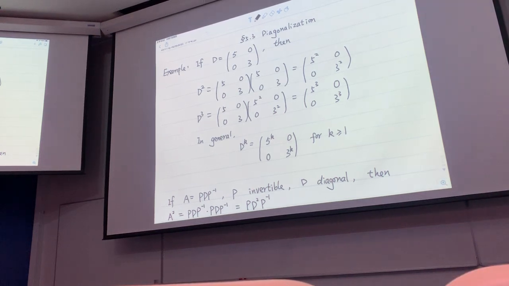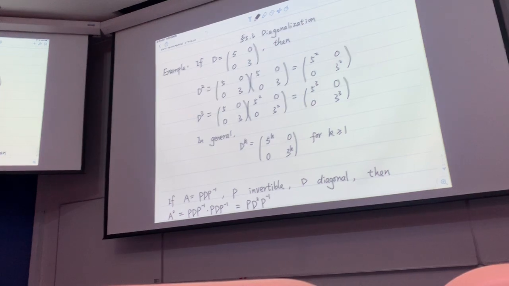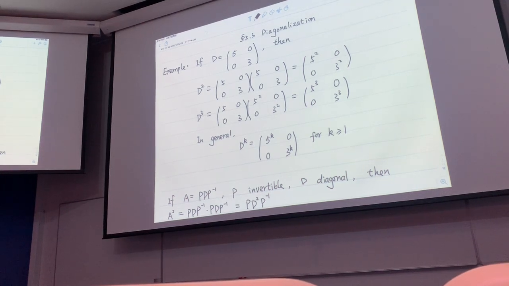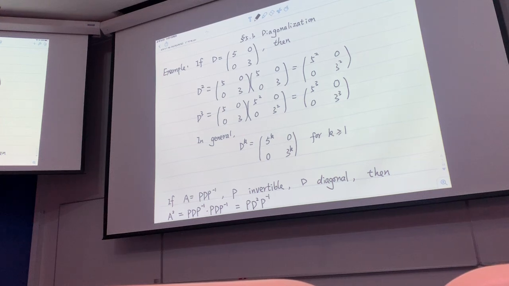After finding the eigenvalues, we substitute each eigenvalue into the equation Ax equals lambda x and find the corresponding eigenvector. And for those eigenvectors, an important property is that if we have r distinct eigenvalues, then their corresponding eigenvectors are linearly independent, right?